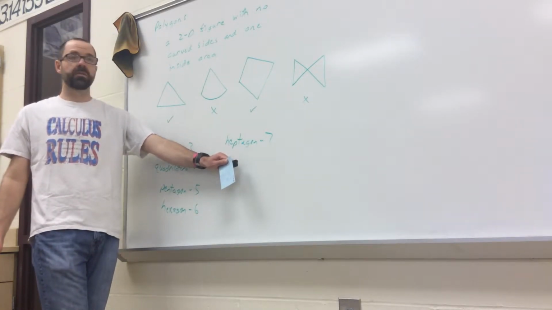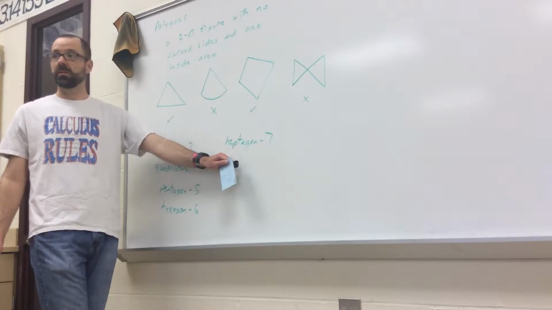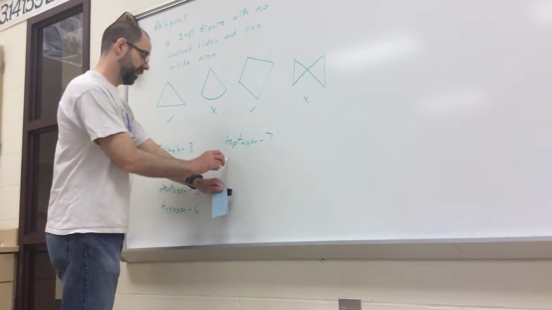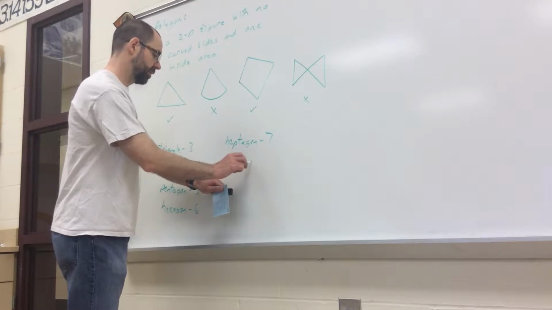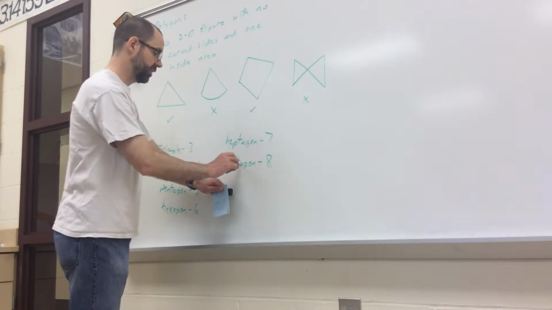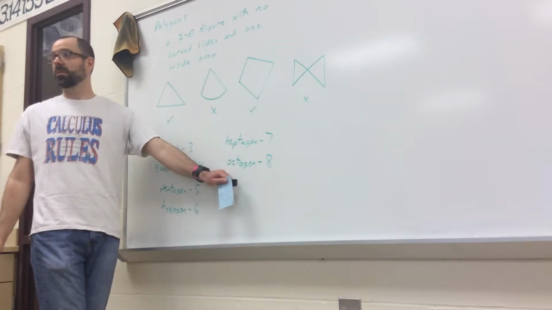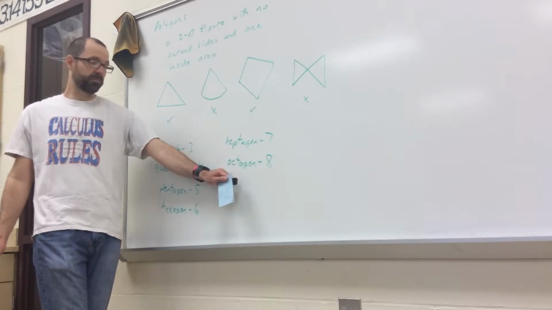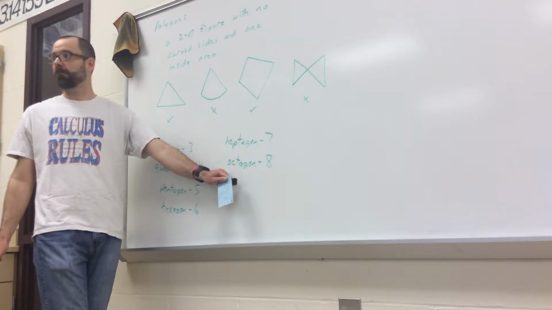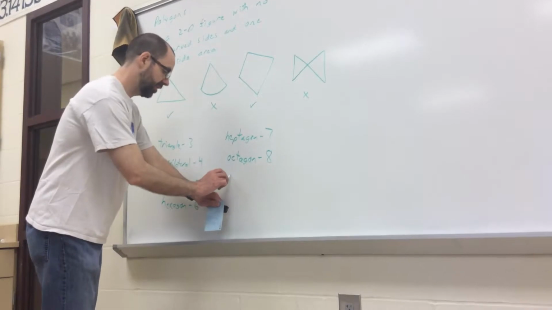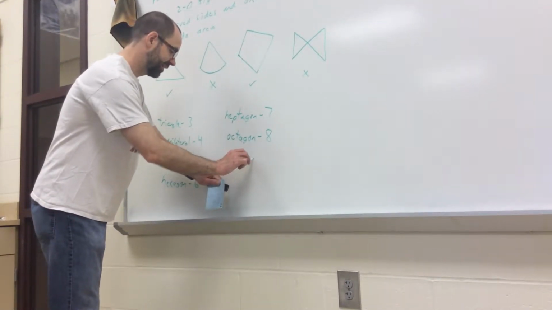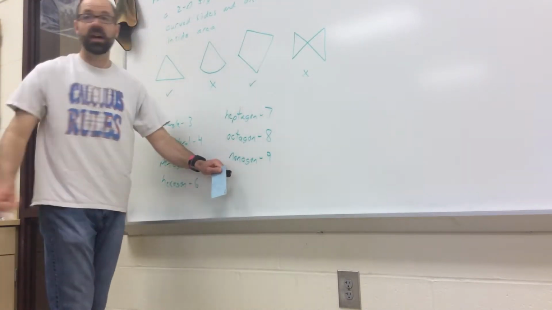Heptagon. Then an octagon has 8 sides. A nonagon has 9 sides.